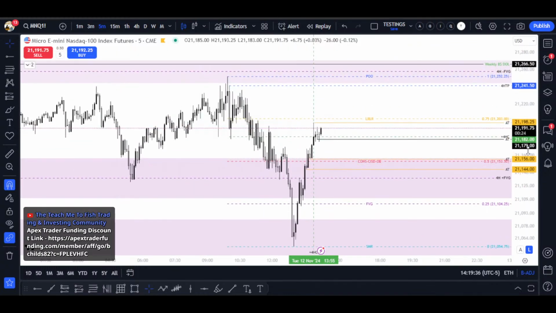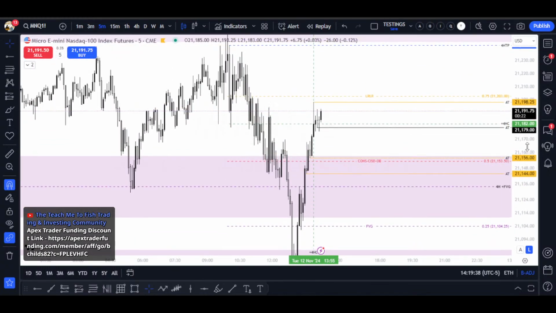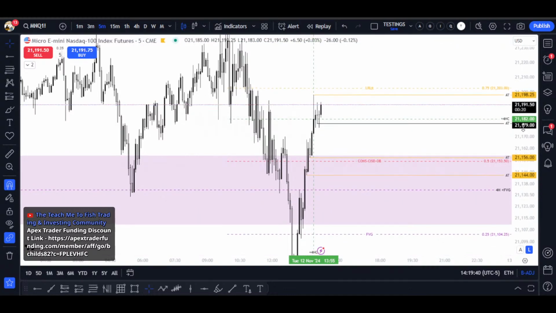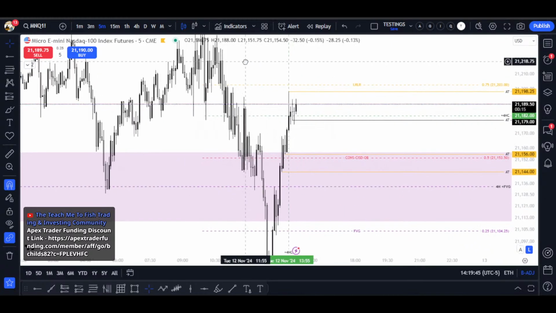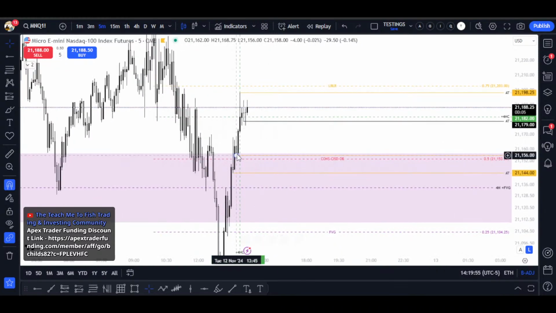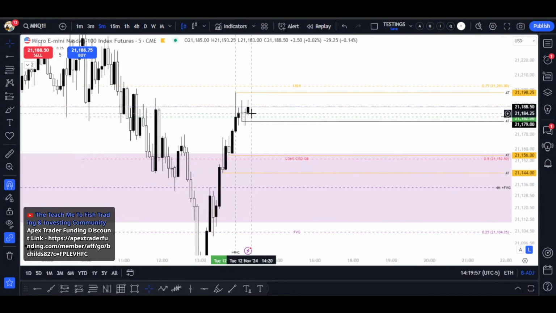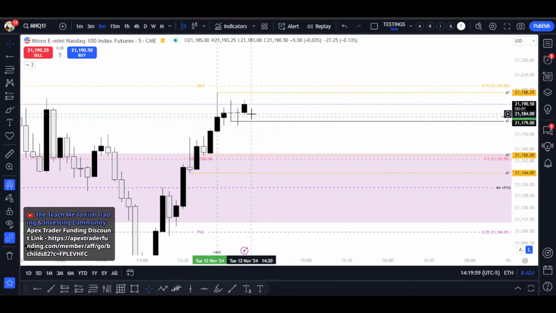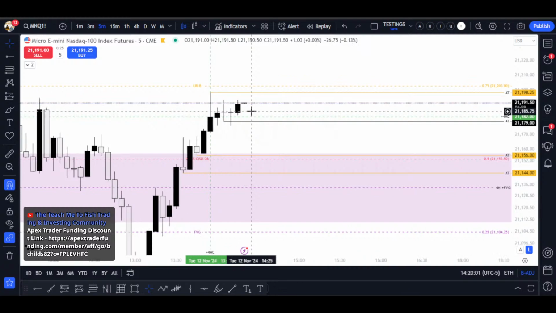Okay. So again, I'm looking for an entry below $21,182. That is the 4 hour candle close. So I want to see price give me an entry below there on the 5 minute.